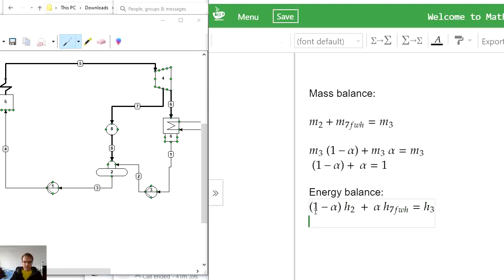So from this energy balance, we have actually just a single unknown, which is the alpha.